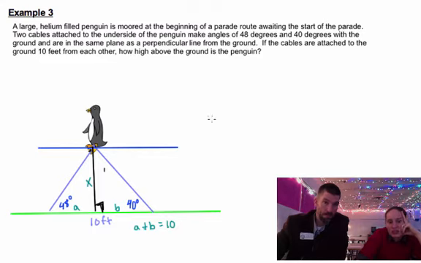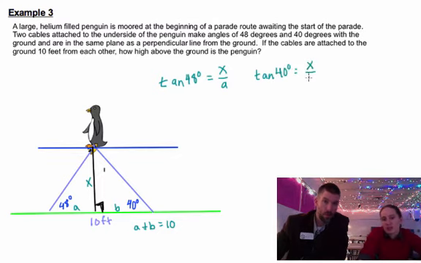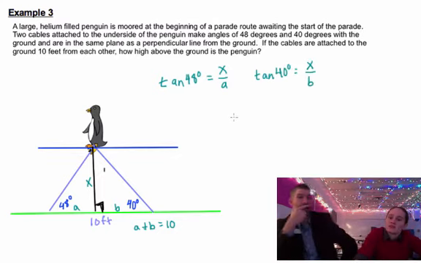If we knew what A and B were, we could say that tangent of 48 degrees equals x over A, and we could say that tangent of 40 degrees equals x over B. Wait a second, I see two x's there, because they share that.